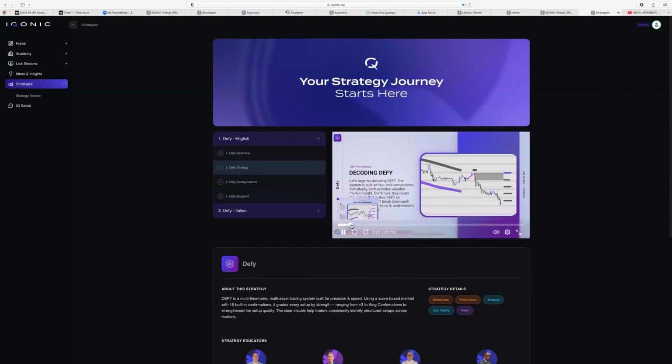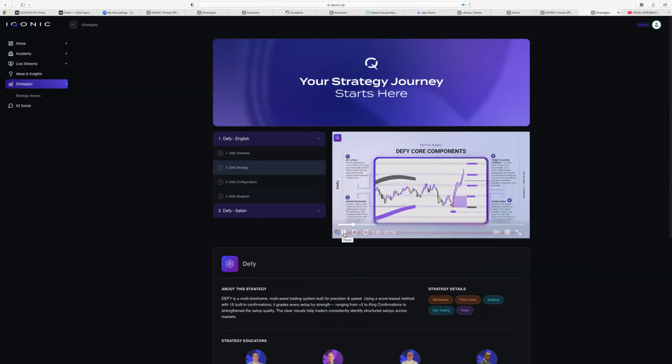Each provide valuable market insight, but combined, they create the system that makes the DeFi strategy so powerful and so sought after. So next, we're going to break down the components so you know it, you understand it, and how to apply it. So let's begin with the 4 DeFi core components.